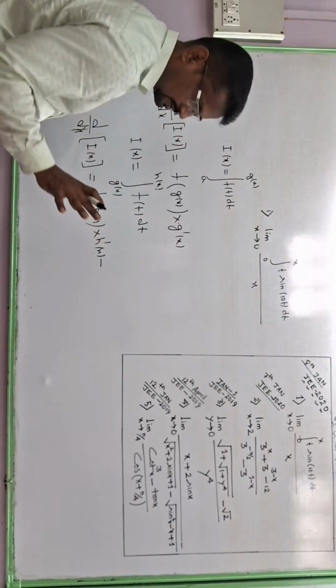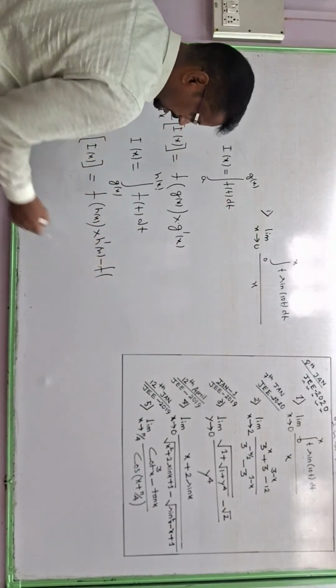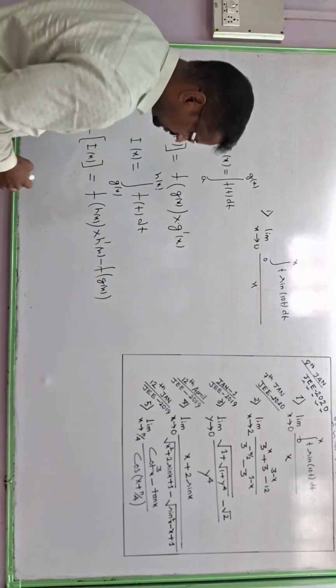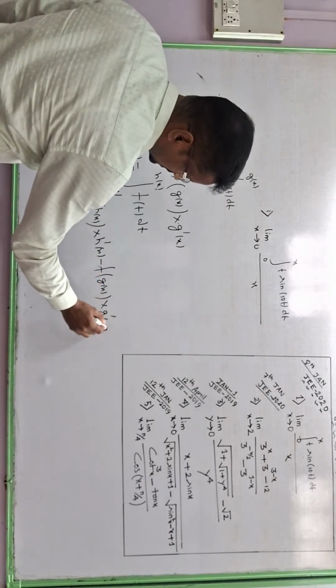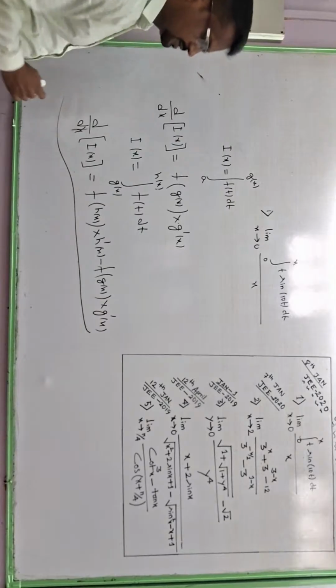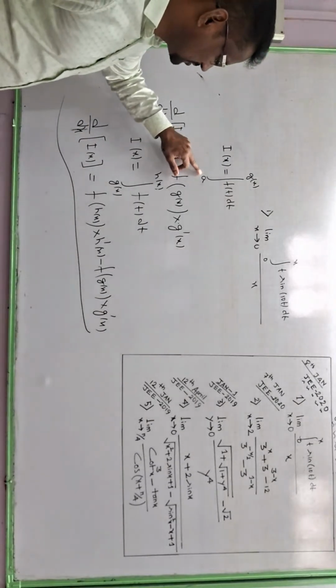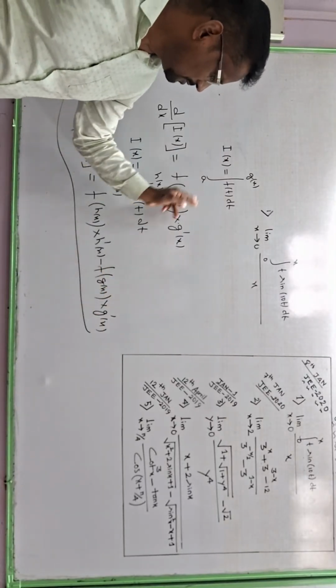h(x), then into the derivative of the upper limit, h dash x, then minus, the same thing you do with the lower limit, f of, input is g(x), into g dash x. This is the generalized case. And here, as a is a number, if you put here a, the derivative of a will be 0.